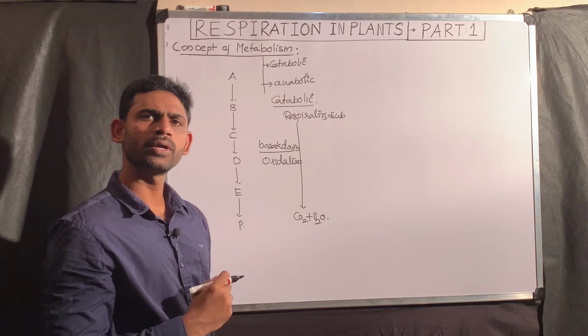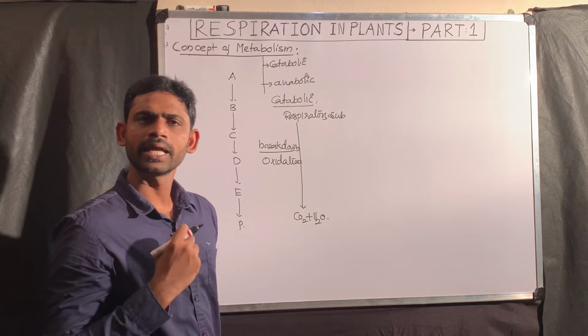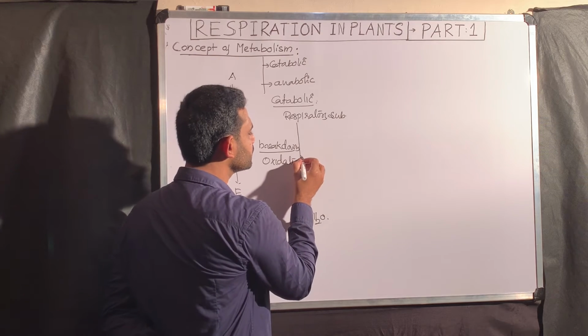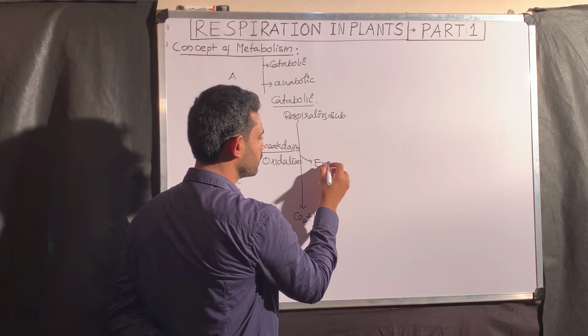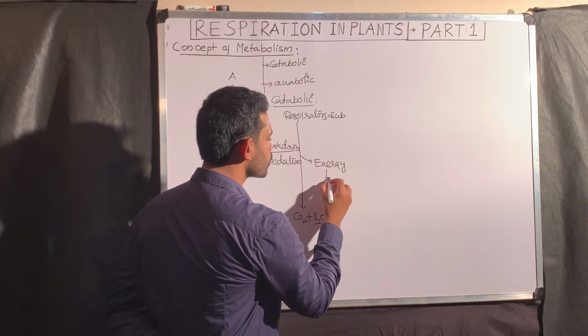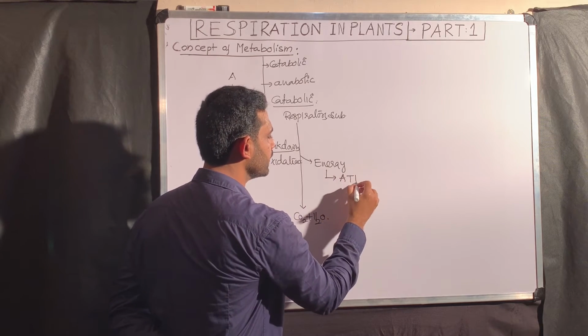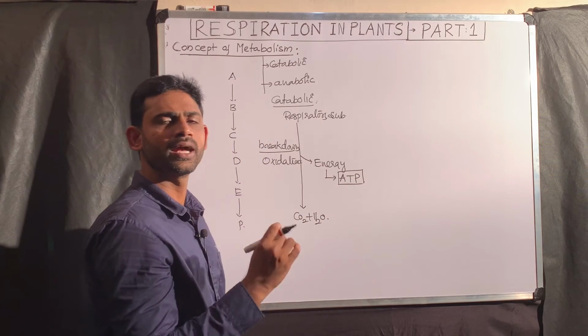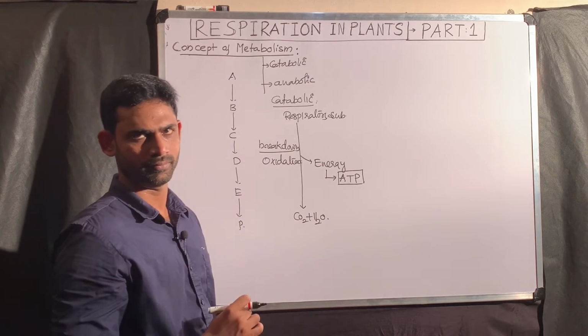What is the importance of the catabolic pathway? It is characterized by the release of energy. This energy is stored in the form of ATP, the most common energy currency of the cell.